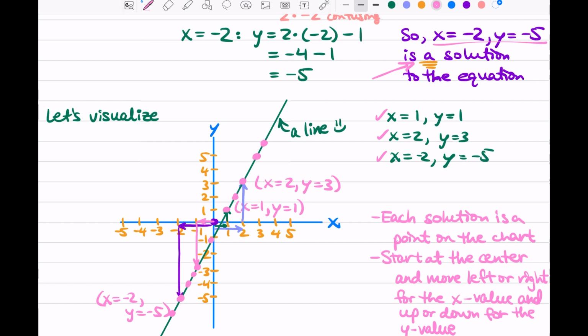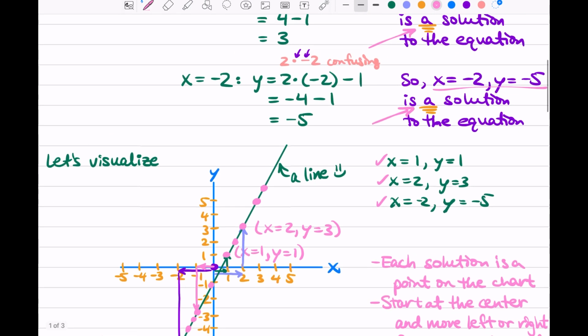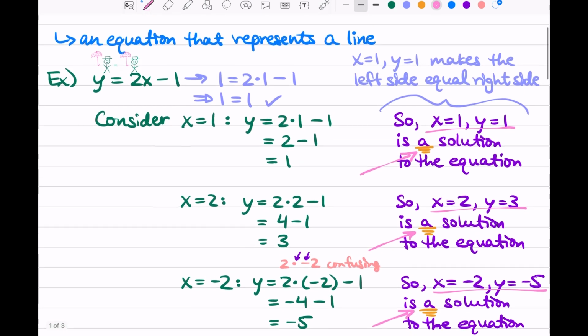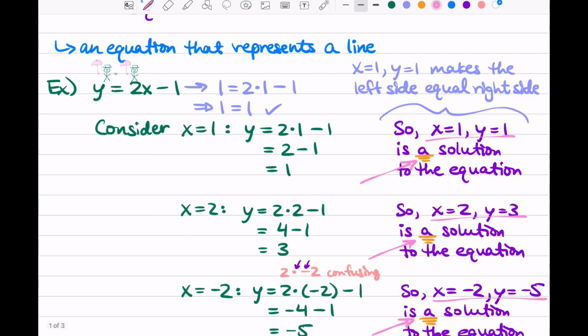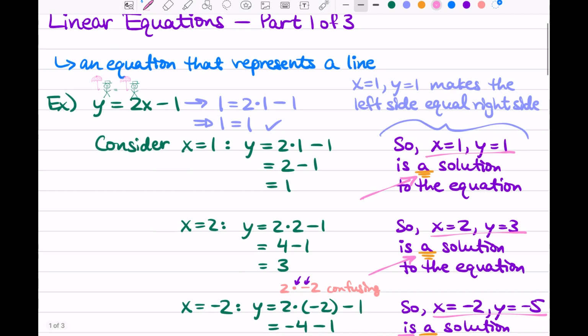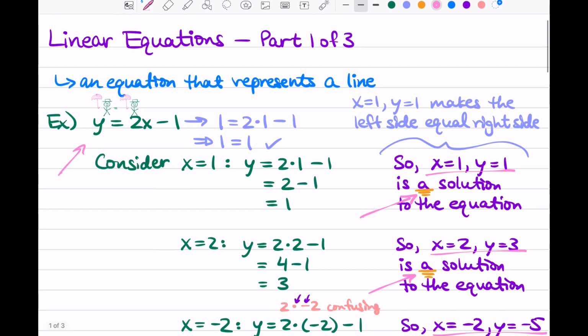Well, if you notice, that brings up another question. How did we know that our y equals 2x minus 1 was a linear equation? Well, because I told you it was. And also the title of this video is linear equations. So there's a good chance we're looking at linear equations.